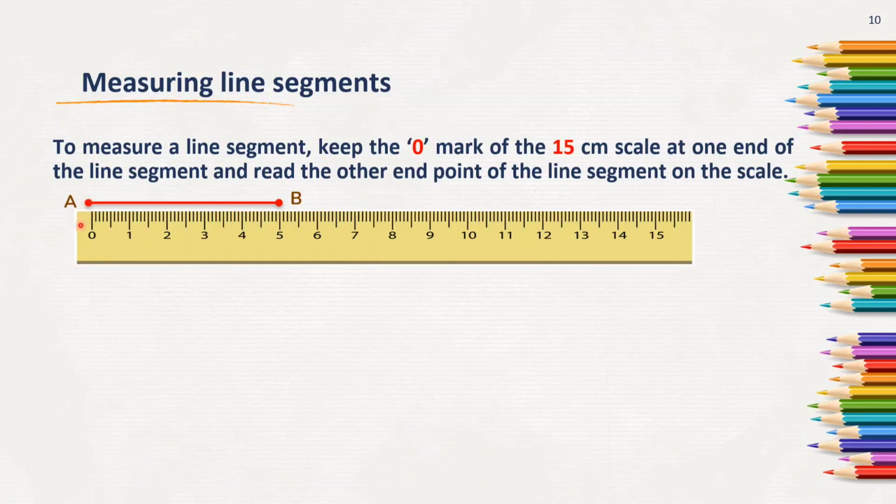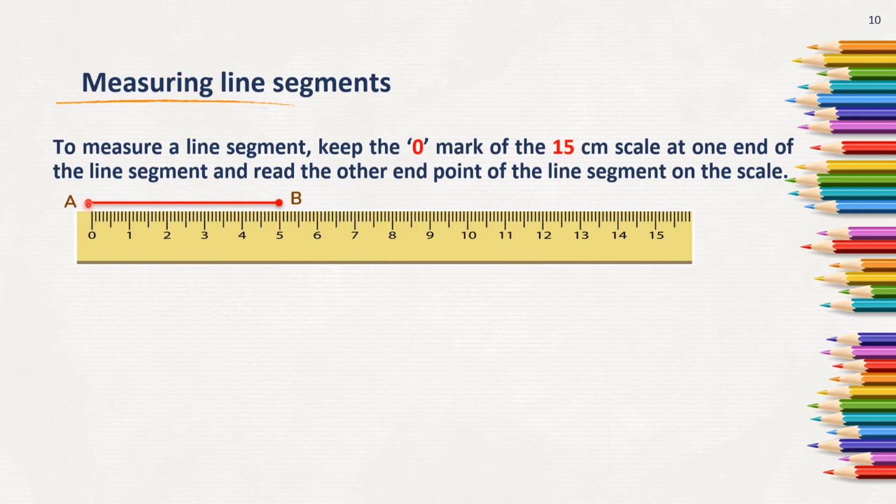Now when we measure the line segment AB, we should always keep the ruler's zero point at the start. We should not start from the middle or from any other number. We should always start from 0. So the starting point should be at 0 and we measure the ending point. Here the ending point is 5.